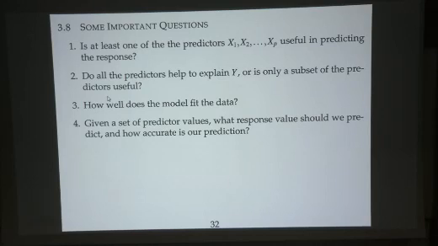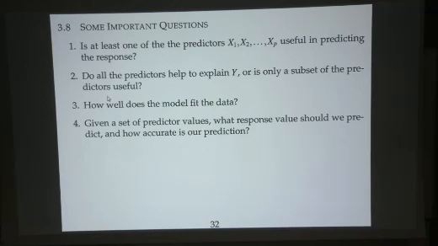So what are some important questions in the multiple linear regression setting? First, you have the variables x1 to xp, so is at least one of them useful in predicting the response? Suppose I am certain that at least one of them affects your response. Then the next question is, do all the variables affect y significantly, or is there a subset of them?